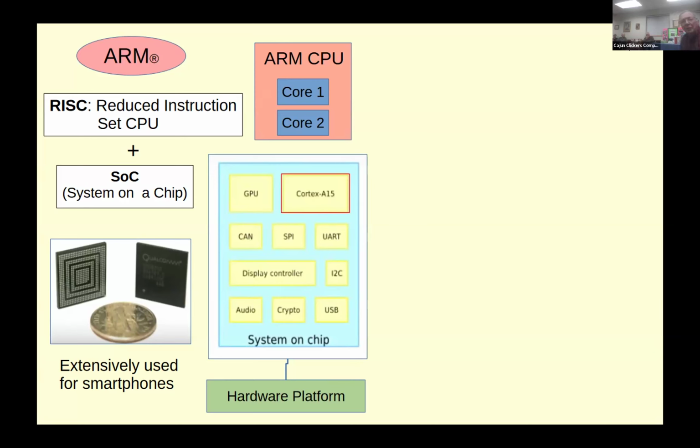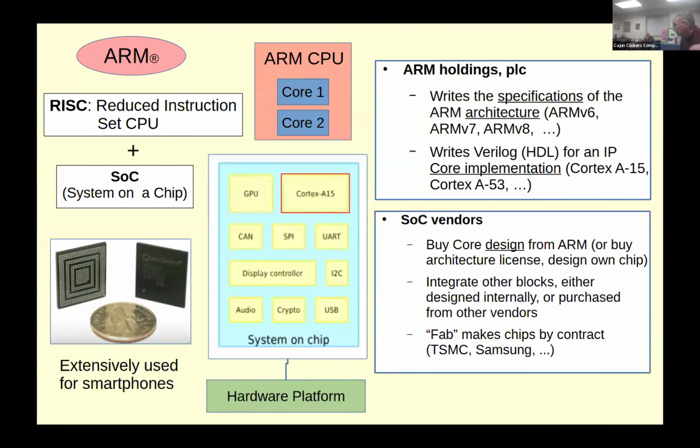But next to it, we have a GPU and a controller area network (CAN), serial, peripheral interface, asynchronous, your display, the crypto, all these things that would normally be individual parts that are all on the chip.